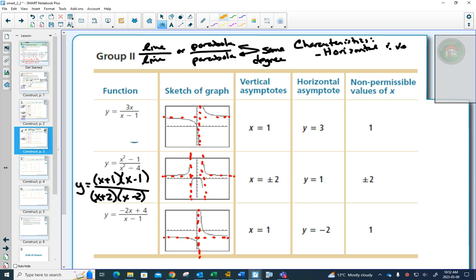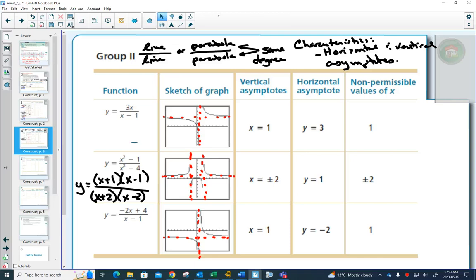Horizontal and vertical asymptotes. And again, the horizontal asymptote, what you have to imagine is what number does it get to if you're thinking about its end behavior. What happens when x gets really, really big?